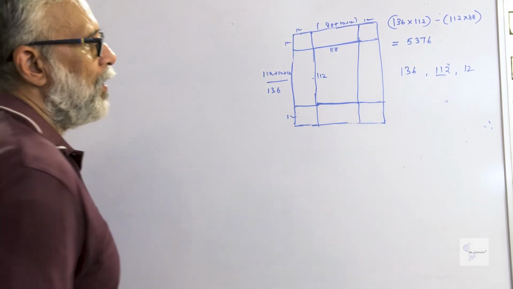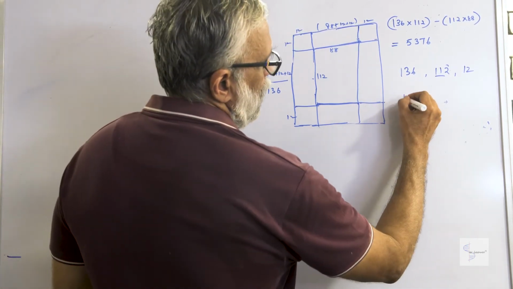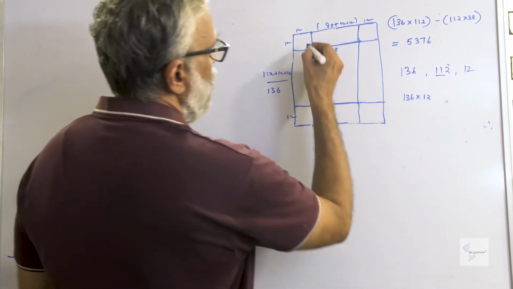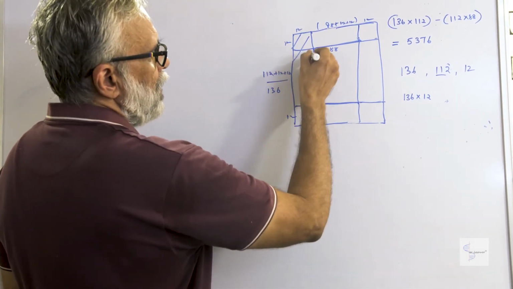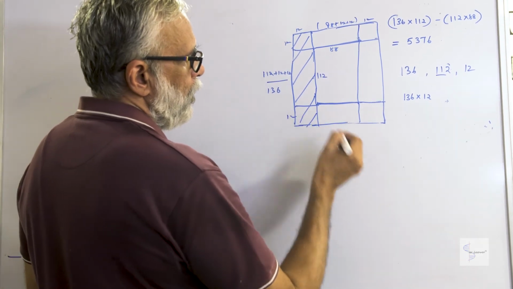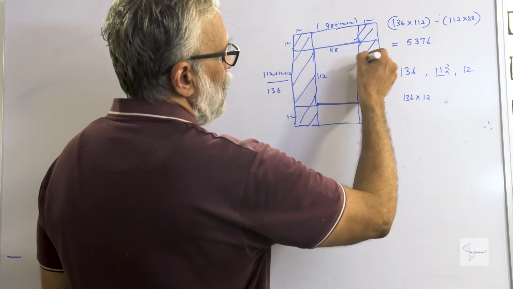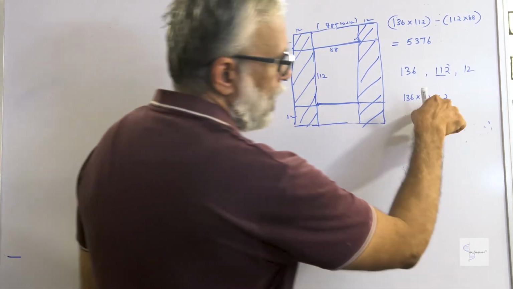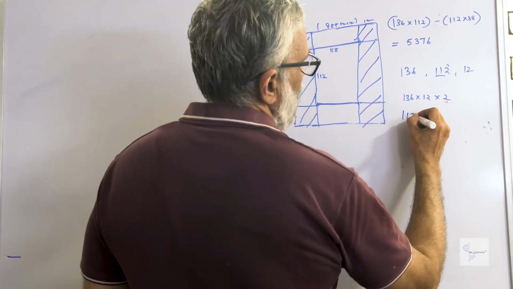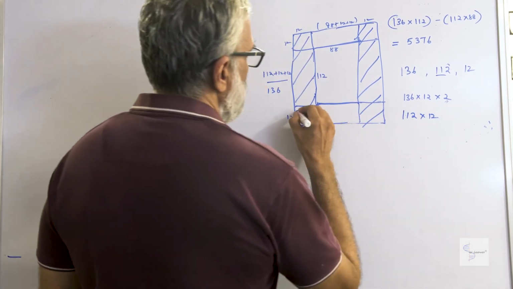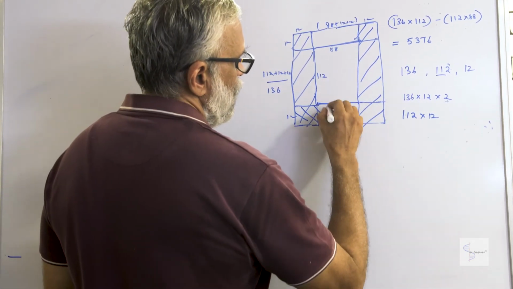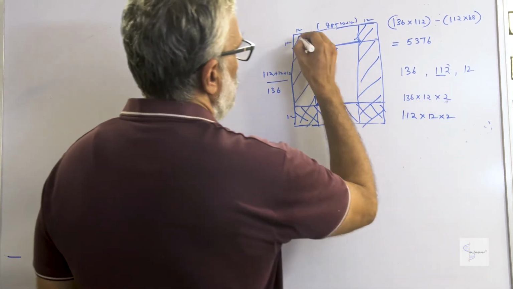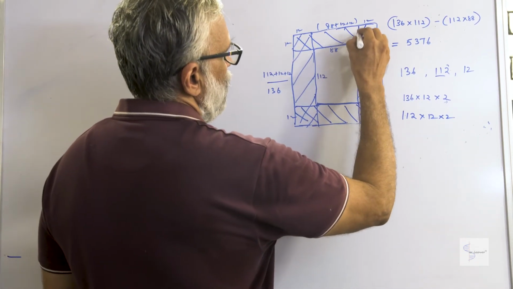So I'm going to do something interesting. 136 into 12 represents this entire stretch, and these two will be multiplied, means multiplied by 2. 112 into 12 will represent this stretch, and multiplied by 2 means both of them included.